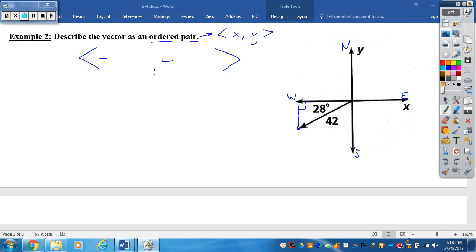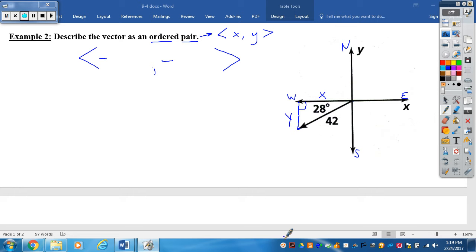Now the tricky part, the part that you really need to focus in on, is which part of this right triangle is going to be your x and which part is going to be your y. Well, any horizontal length is always going to be your x, along the x-axis here. So I'm going to put an x here, and any vertical length is going to be your y. So here's the y right there.